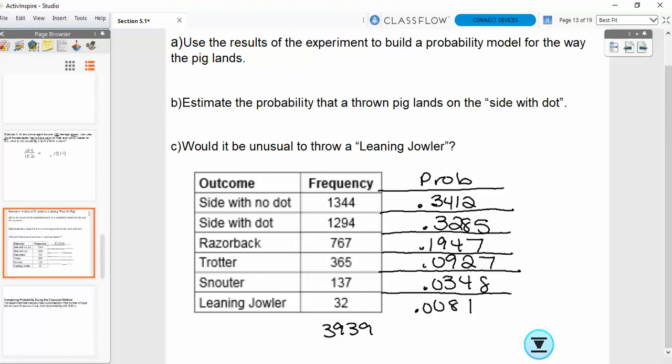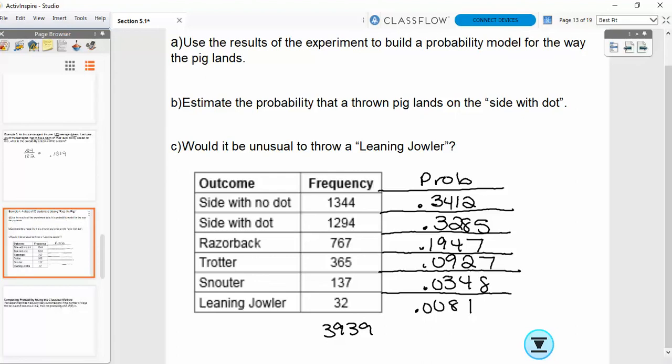So does everyone understand how to get the probability model from this? And if I asked you to verify that it was a probability model, you would just say every probability is between 0 and 1, and they add up to 1. These do add up perfectly. See, we're just that good. So if you have a probability model, it's easy to answer some questions.